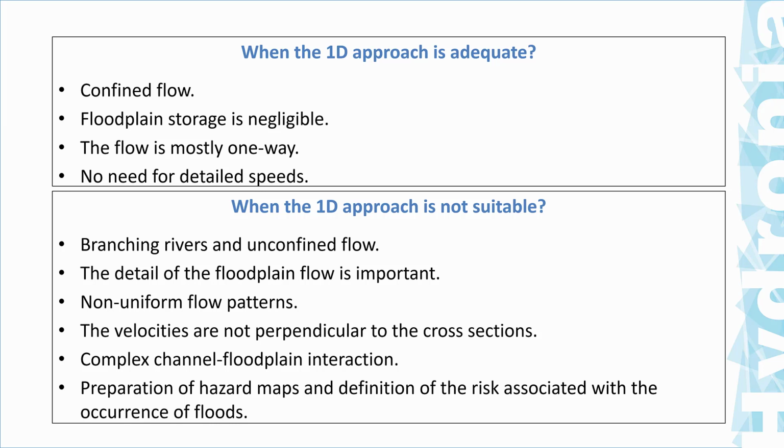Now, when it's not suitable, and it's more recommended to use 2D models, is when you have a branching river and unconfined flow. When the detail of the floodplain is important, you need to have a detail of what's going on there, either for flooding purposes or planning, or for sediment transport, where the flow patterns are non-uniform, where the velocities are not perpendicular to any cross-section, or they can vary during the simulation.